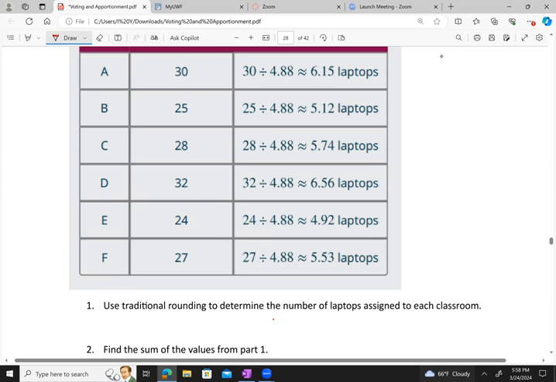So with traditional rounding, 6.15 would be 6. B would be 5. C would round up to 6. D would round up to 7. E would round up to 5. And F would round up to 6.